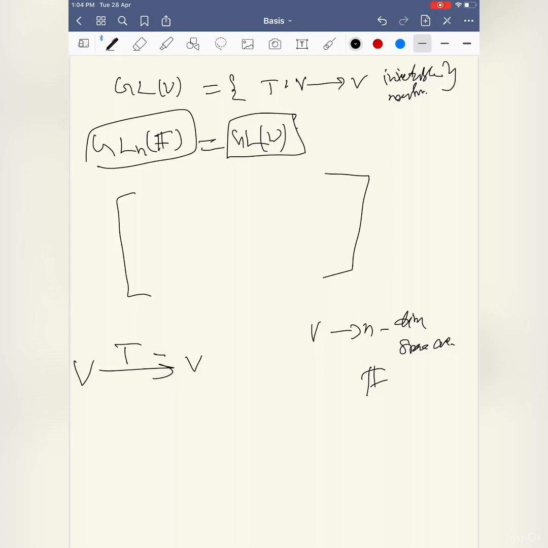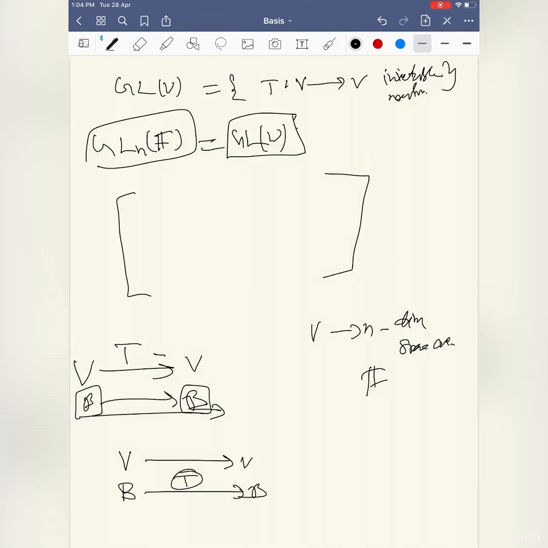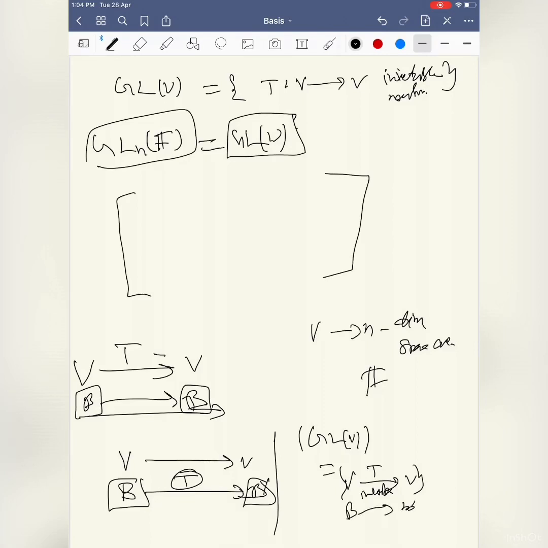In the rank-nullity theorem, I proved that if it is invertible or non-singular, a basis goes to a basis. Suppose V is a finite-dimensional vector space; I have to send a basis to a basis to get an invertible linear transformation, or non-singular. So it is between two bases, and we know how to calculate bases. So GL(V) is nothing but T from V to V, invertible or non-singular, which sends a basis to some different basis.